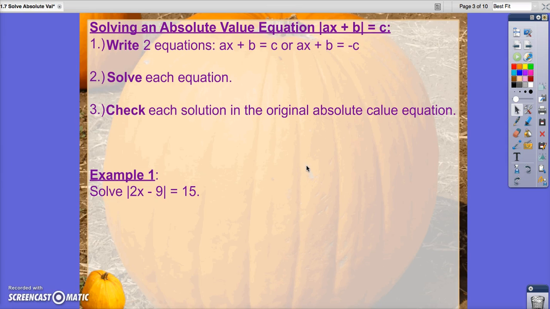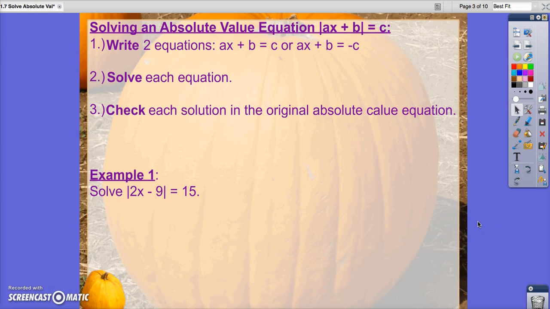So here's our steps. If you have an absolute value, I say ax plus b equals c. First, we're going to get rid of the absolute value bars. Step 1 says write 2 equations, ax plus b equals c or ax plus b equals negative c. So we're taking away the absolute value bars and we're modifying what the numbers could be by the numbers off to the right.